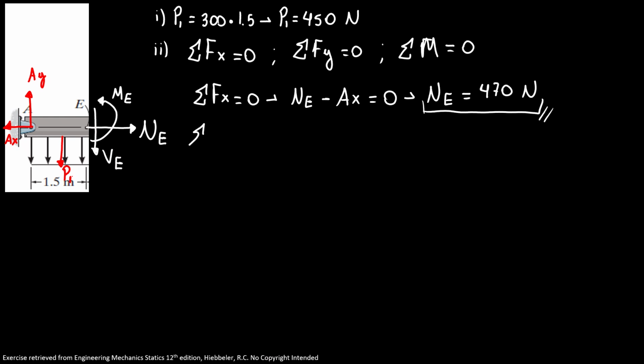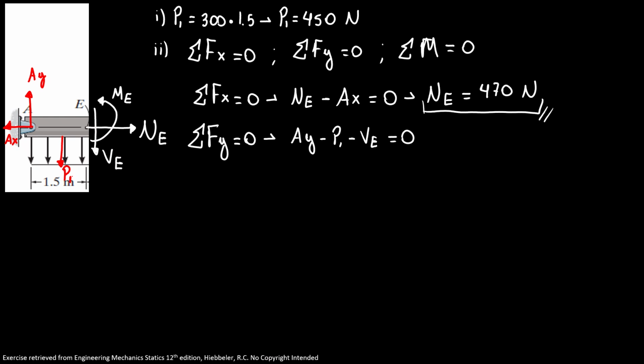Now the sum of forces in Y is equal to 0. Here we have AY minus P1 minus shear force is equal to 0.